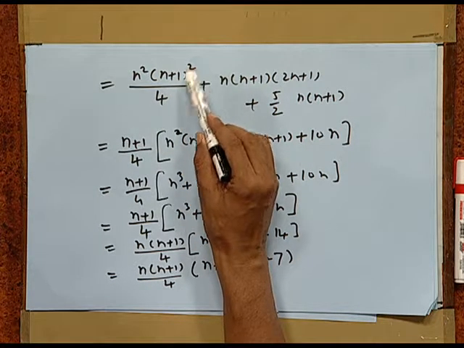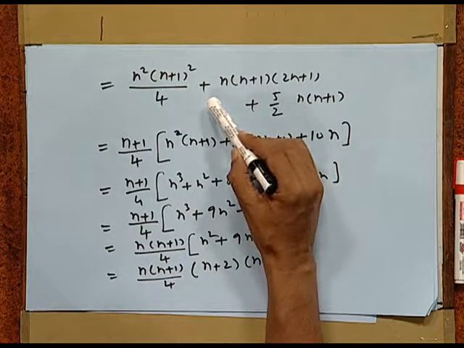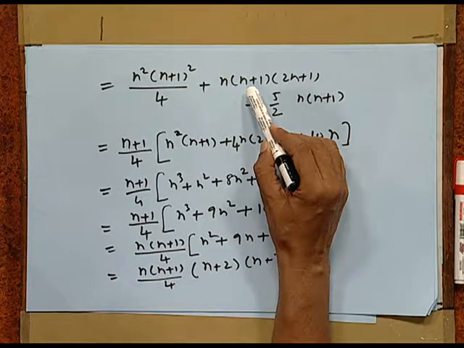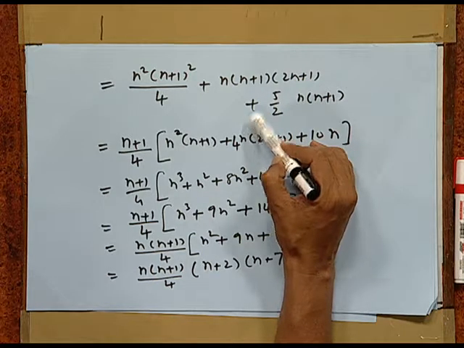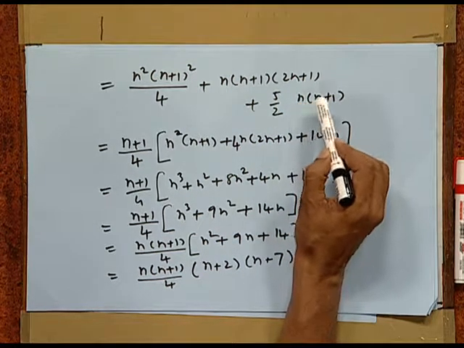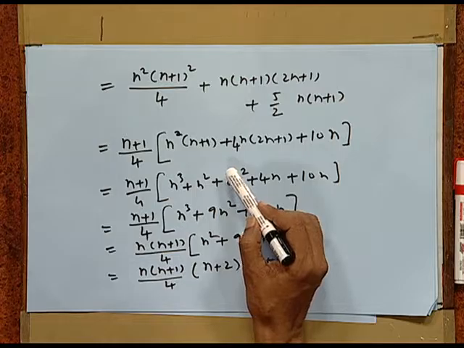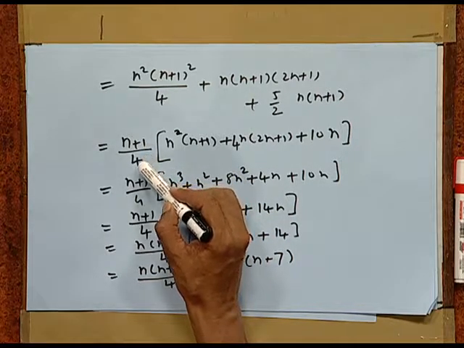This equals n square times n plus 1 whole square by 4 plus n times n plus 1 times 2n plus 1 plus 5 by 2 times n plus 1. Now, n plus 1 upon 4 is common.